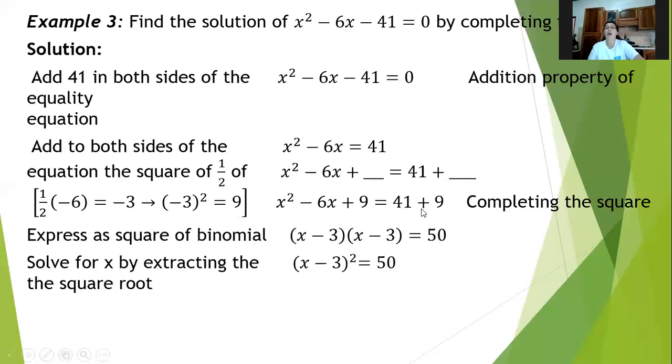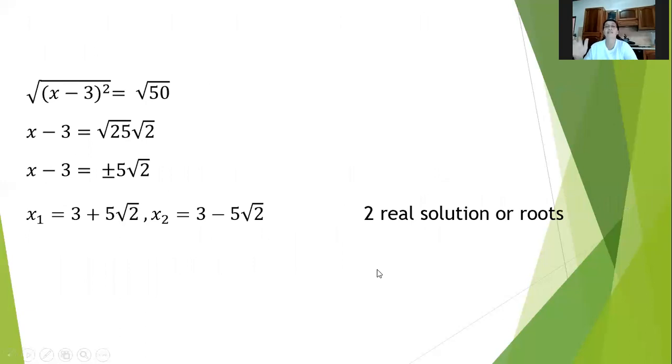41 plus 9 is equal to 50. Express this equation as a perfect square of a binomial: x minus 3 squared is equal to 50. Then take the square root of both sides.